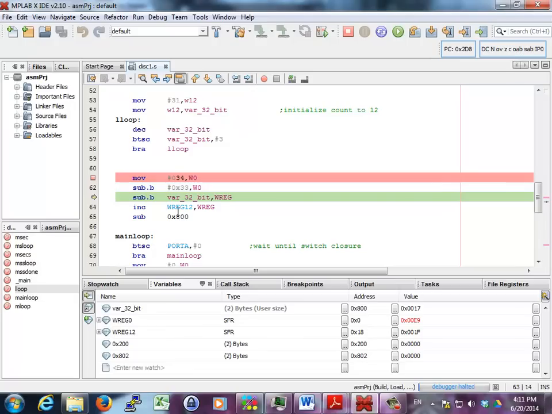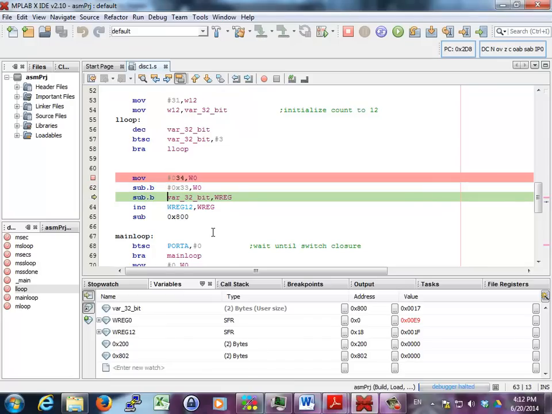Okay, now this one is also interesting. So you have sub.b var32 wreg. Now var32, variable 32, is a 32-bit variable as the user defines, right? And essentially what this line translates into would be sub.b 0x800, not with the number sign before it, right?